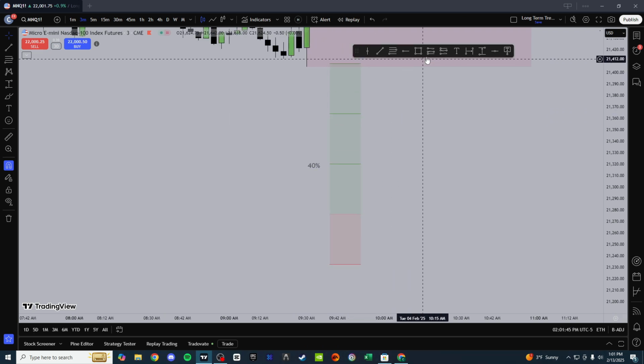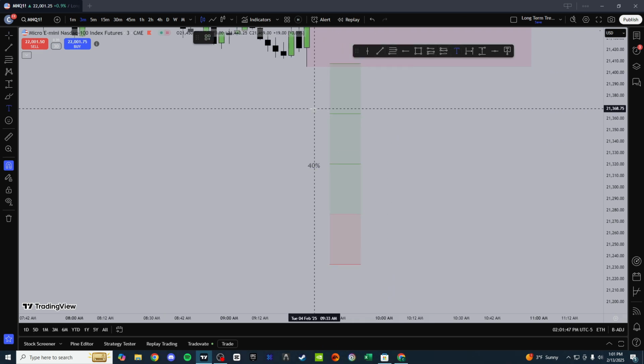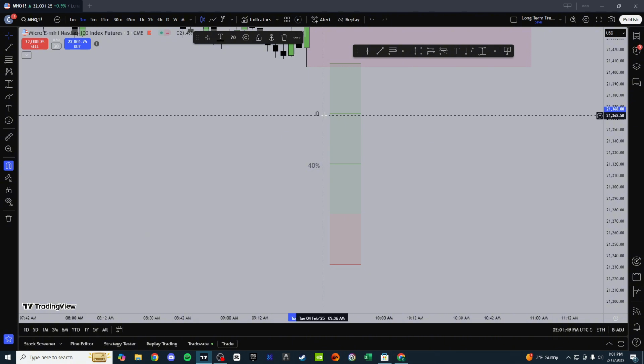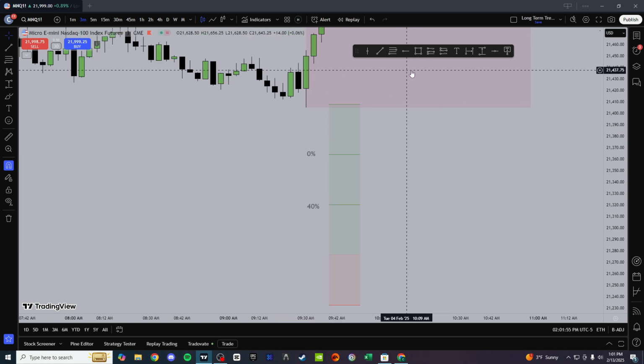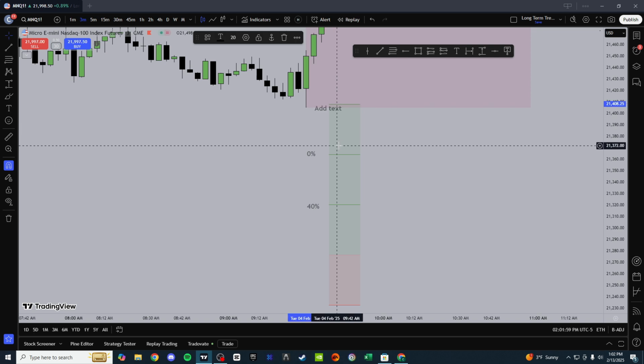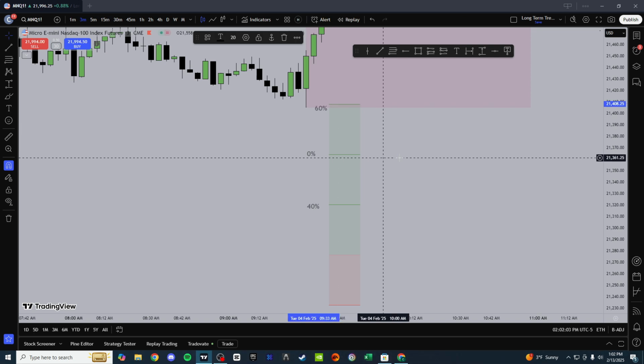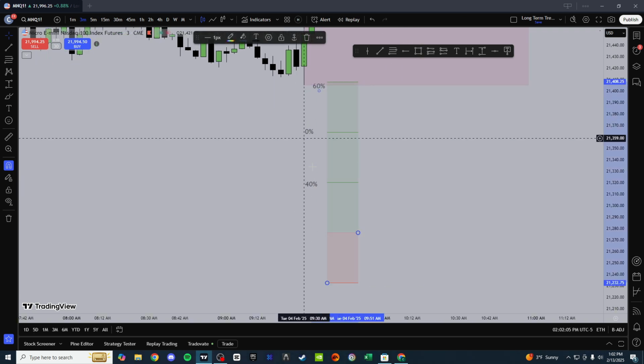I don't take any off at TP2, and I'll show you why later. But even though I don't take any off, I still move my stop loss up to here. And then I take, obviously, the 60% left off up here. So that's how I trim.